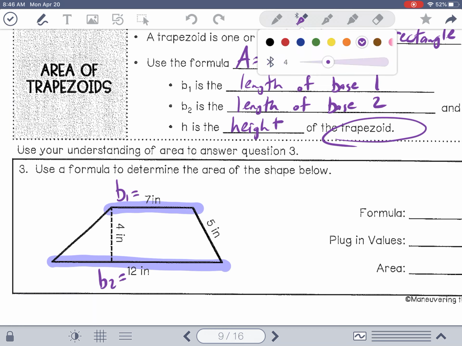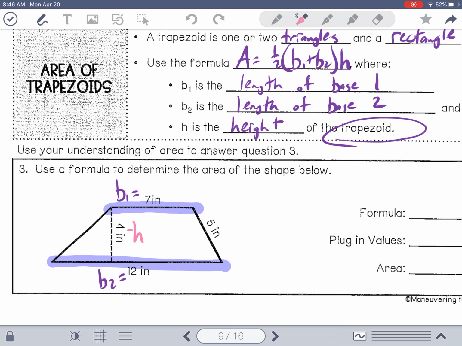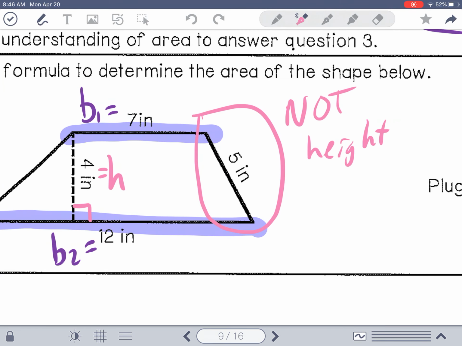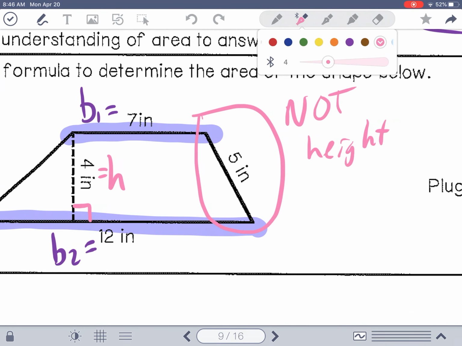Now this next part is very, very important. This is going to be our height. 4 inches is our height, not the 5, because remember, the height is perpendicular to the base. The 5 is not perpendicular to the base.